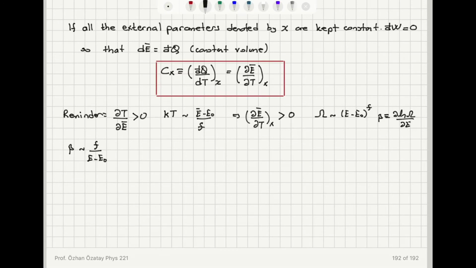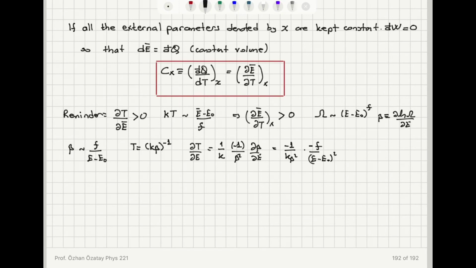The temperature comes into play as T = (kβ)^(-1). So ∂T/∂E basically comes from 1 over k times the derivative with respect to β of β^(-1), which is −1 over β² times ∂β/∂E, and that is basically −1 over kβ² multiplied by −f over (E − E0)².